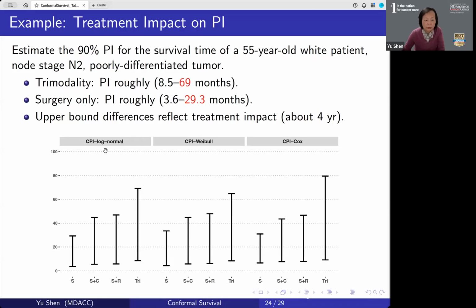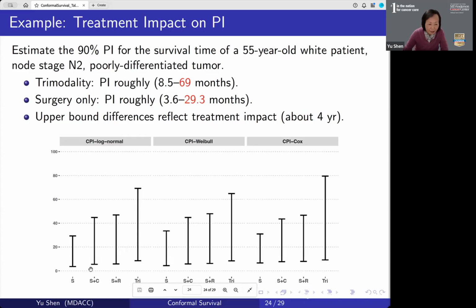We also use three different working models, and they're not that different. But since for this data set censoring is about 50%, we prefer to use the estimate from these two parametric models. Even the Cox model has a wider confidence interval. Those intervals, in fact, tell a lot for the clinical insight.